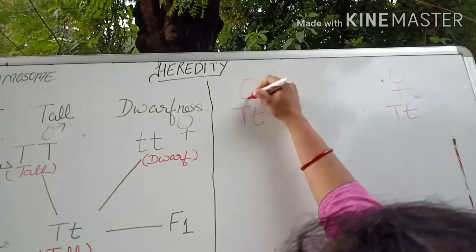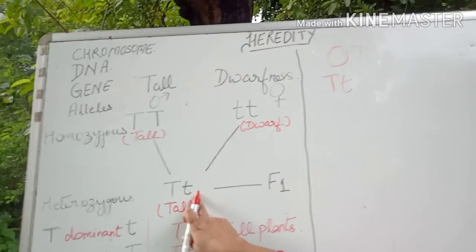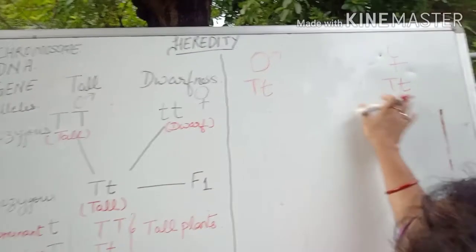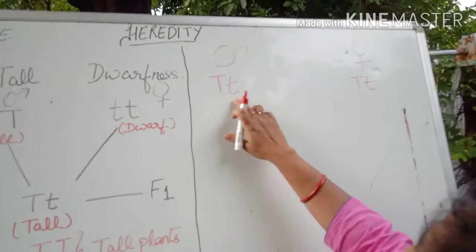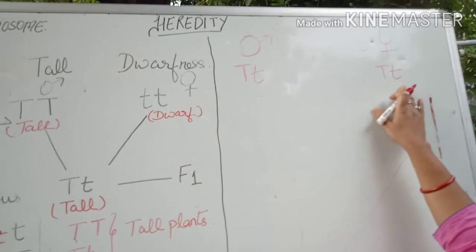Fine. There was homozygous and this is heterozygous, you know. But here what is happening, that both are heterozygous. Such situations can be asked to you. If both the parents are heterozygous, then what is going to happen?